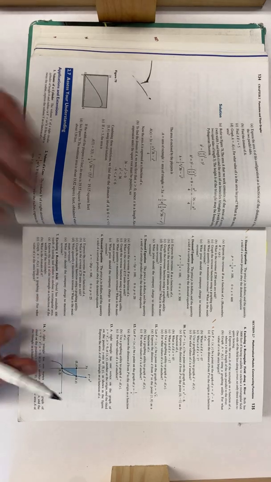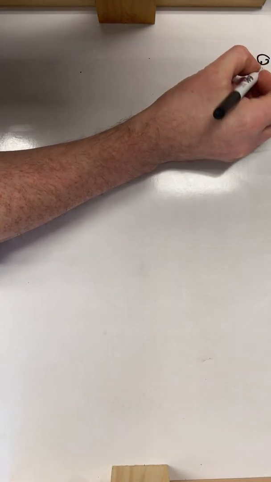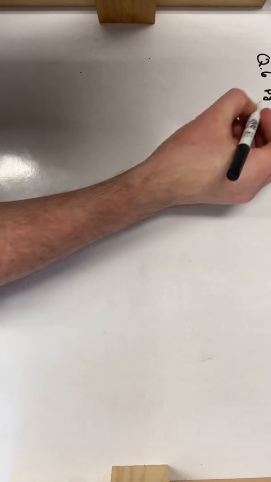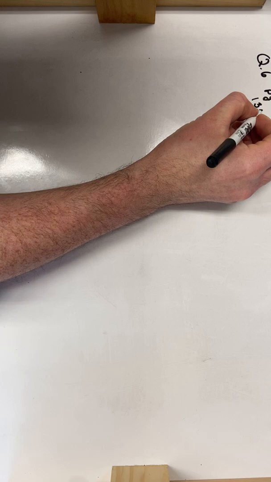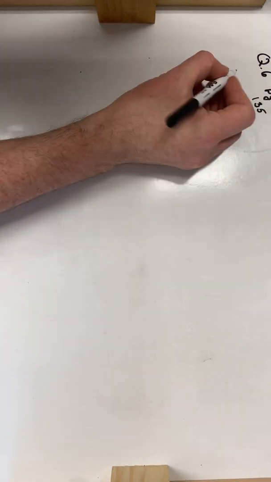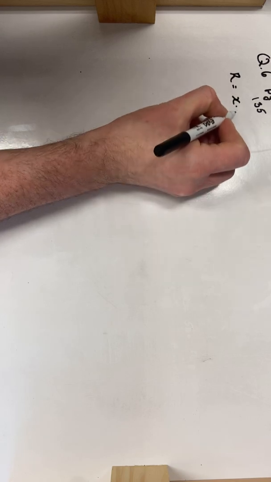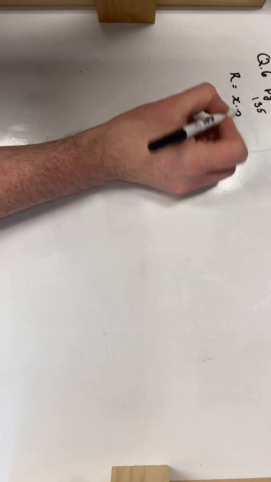I think I'll just start with my revenue equation. So this is question number 6 on page 135. Our revenue, we've seen before, is X times P, number of units sold times the price per unit.